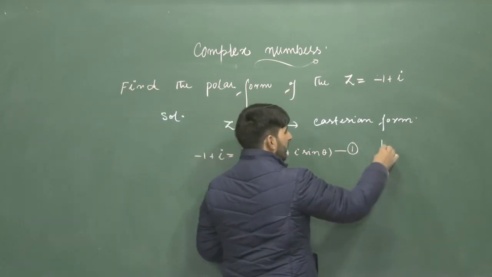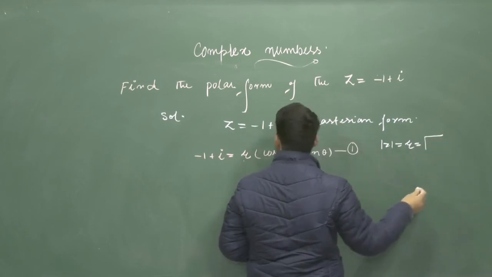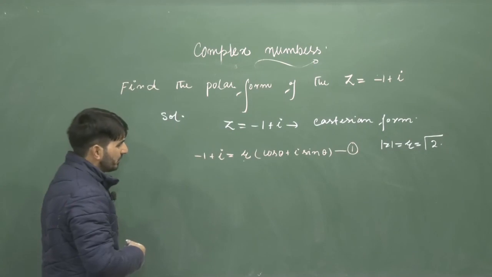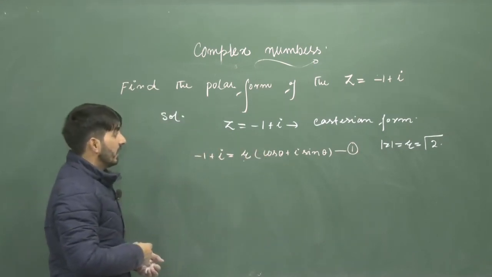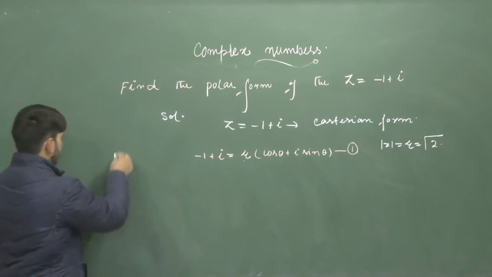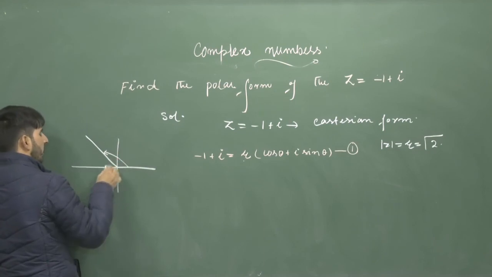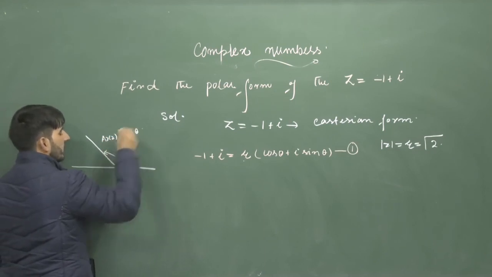So, the modulus of z here, that is r, as we know, is equal to square root of minus 1 square plus 1 square, which is root 2. Minus 1 plus i, this is the complex number that lies in the second quadrant here. As we know, the argument of this complex number is pi minus theta.